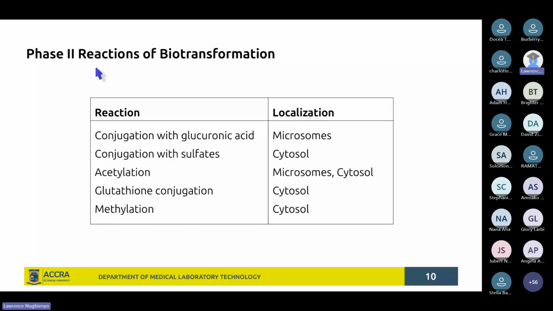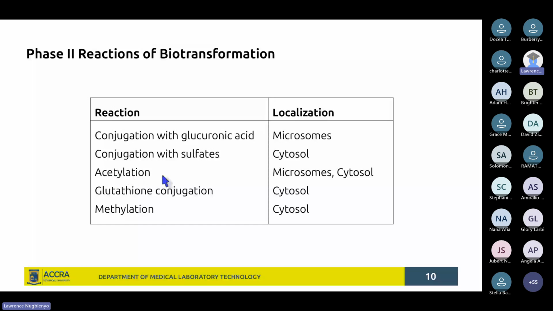I think we've seen this with bilirubin. That's conjugation with glucuronic acid. We've seen that. We see some conjugation of sulfates. I think we'll see that example with some medicines. Acetylation, so conjugation with an acetyl group.